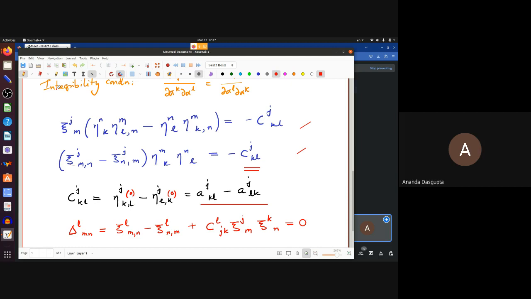Because you can always change your coordinates in such a way that f changes away from the origin. But near the origin, f stays essentially the same. Now, if that is the case, then these quantities, which essentially talk about how f behaves close to the origin, will not change. So CJKs will not change.